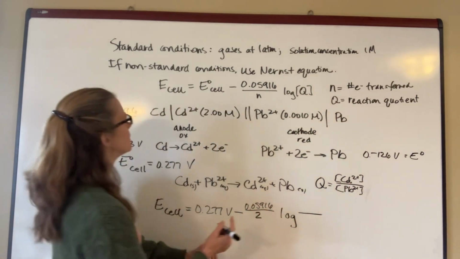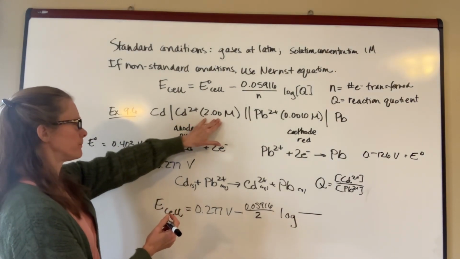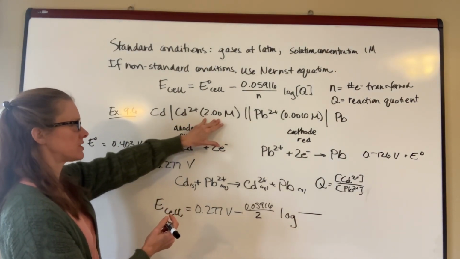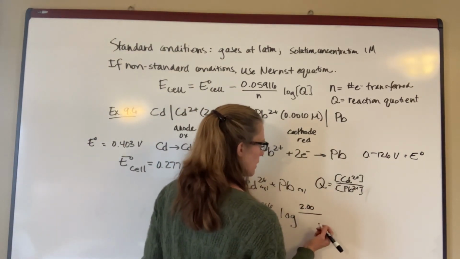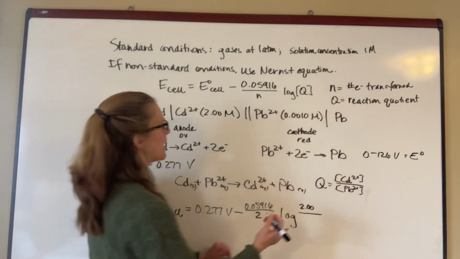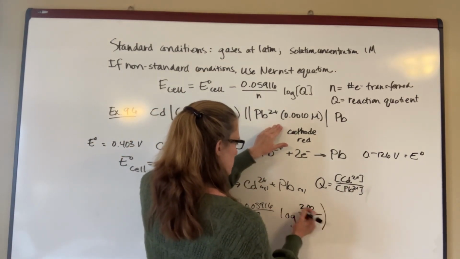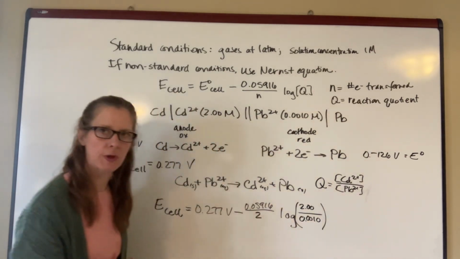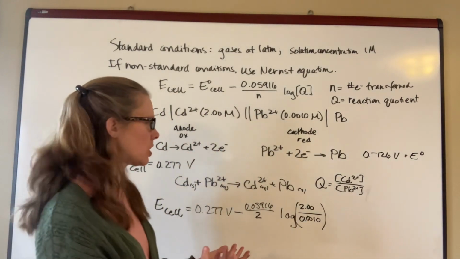So the cadmium, they told us in the notation for the cell was 2 molar. So I've got 2.00 up here, and then the lead, it told me was 0.0010 down here, okay? So now it just becomes a plug it into your calculator and chug it out.